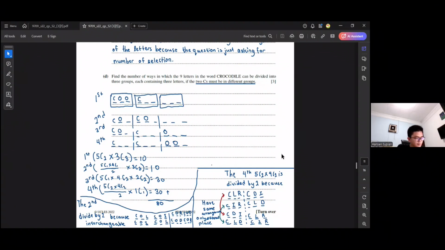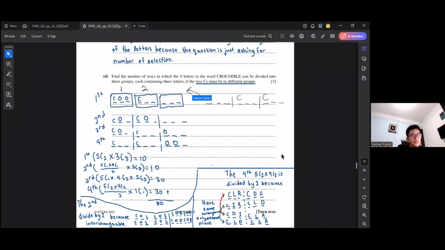Okay, so the first one, the C is at the first and second box here. And all of them are the same, because if we put it into, say, the second box and the third box, it's just the same thing as this one.